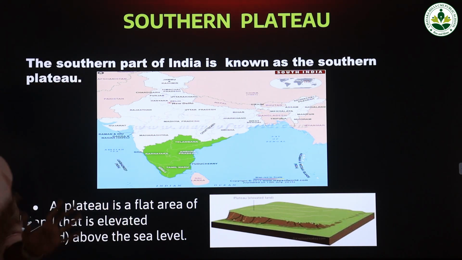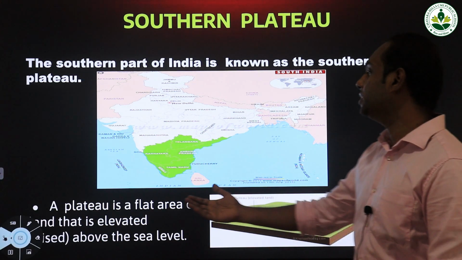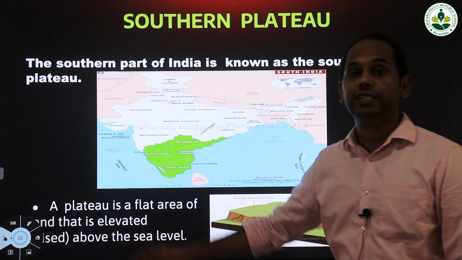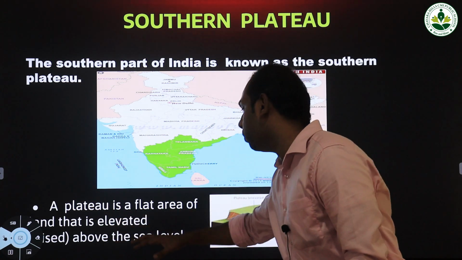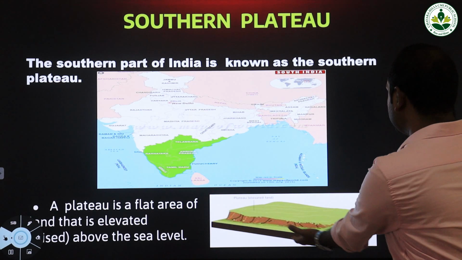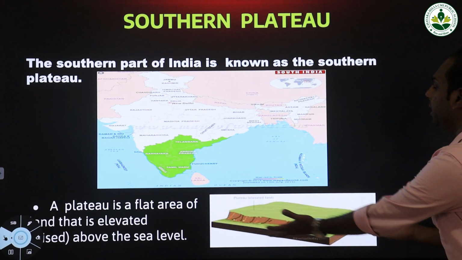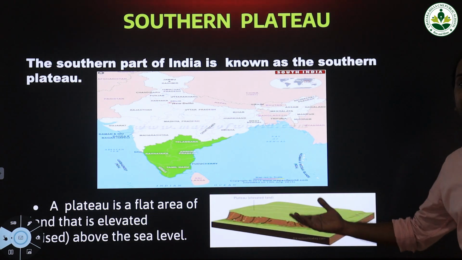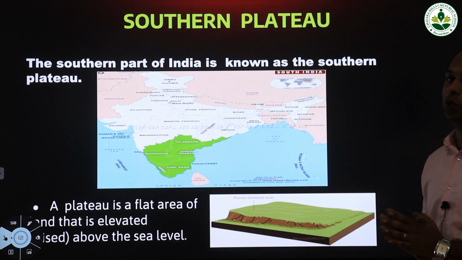First, we'll be studying what is a plateau. Plateau is a flat area of land that is elevated or which is raised above the sea level. So what is a plateau? It is a land, as you see here, a land which is raised or elevated from the sea level. It is called what? Plateau.